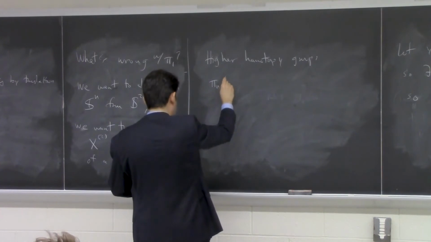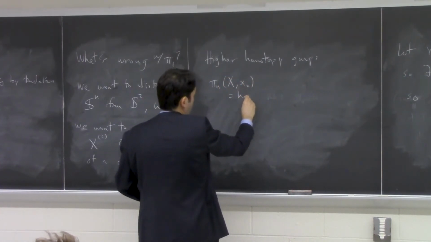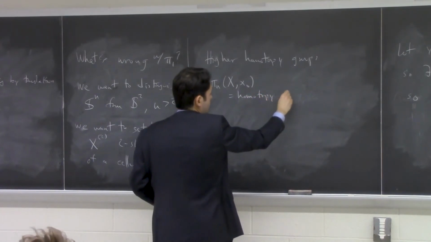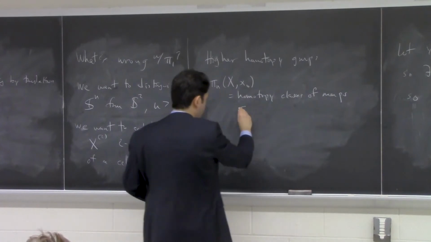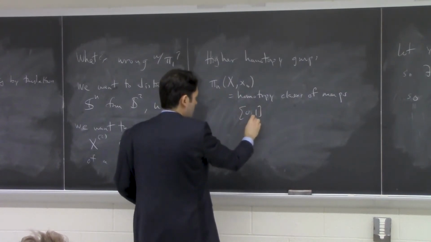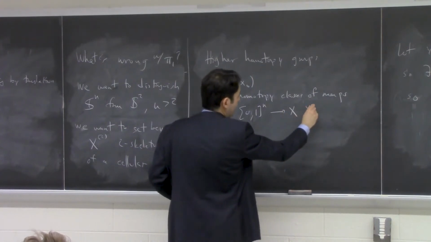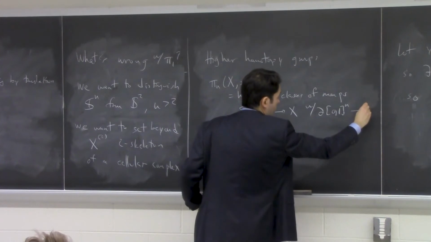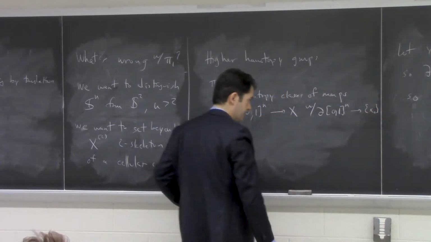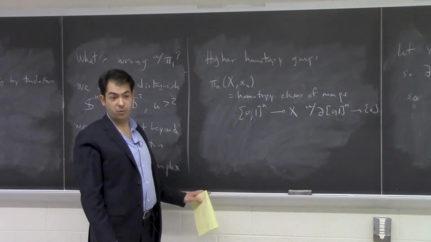So think of pi n of x with some base point as homotopy classes of maps from the n-dimensional cube to x that send all of the boundary to the point x naught. Right? So that's just ramping up the dimension of what we've done.